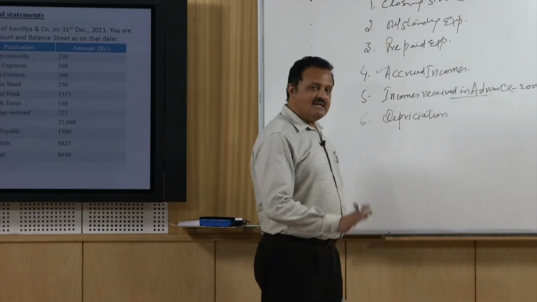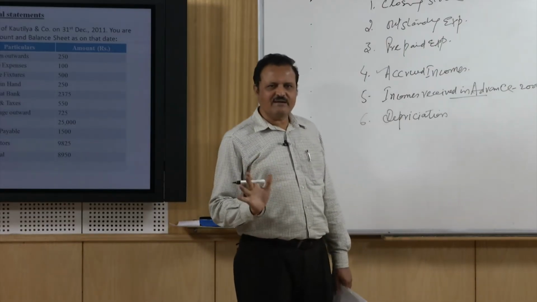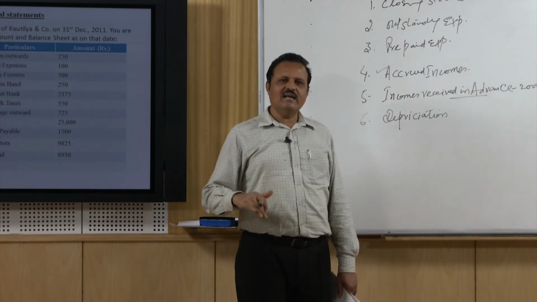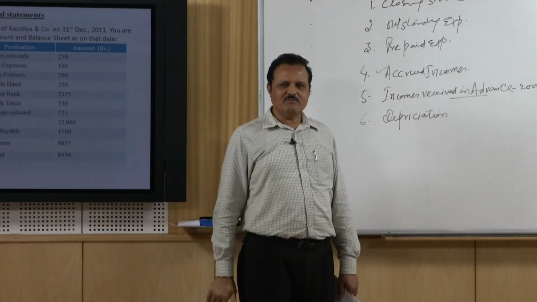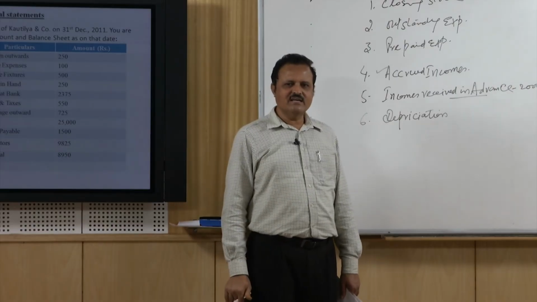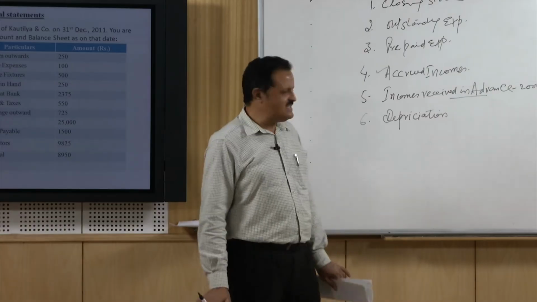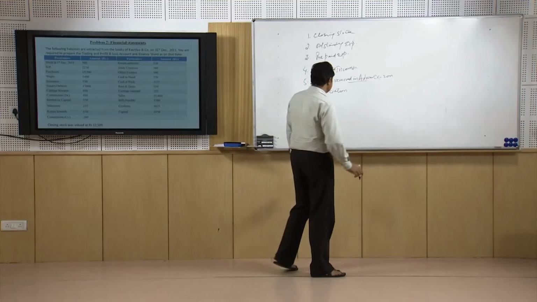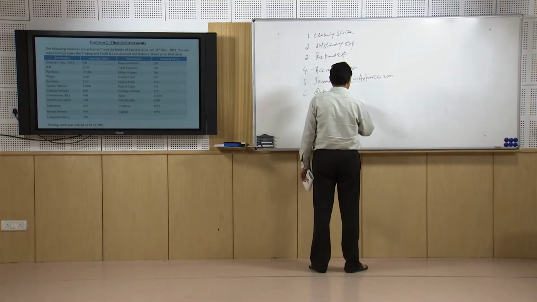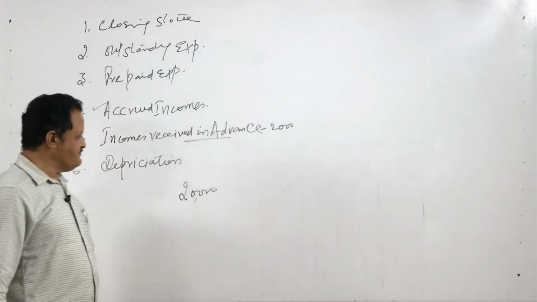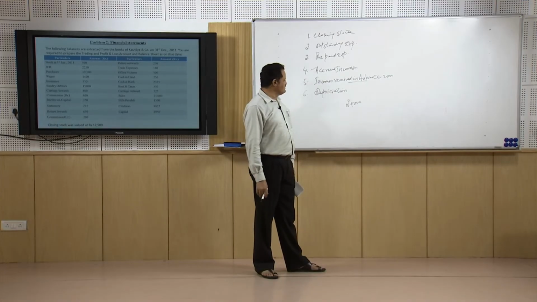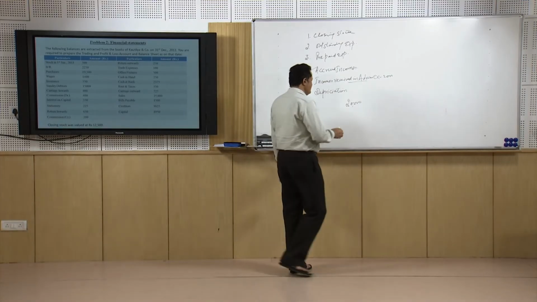Other than land, we never charge any depreciation on land. Land never depreciates, land appreciates, so depreciation is not to be charged on land. Other than land, every asset will depreciate. Say for example, we purchase a building today for 20,000 rupees, and it has a life of 10 years.